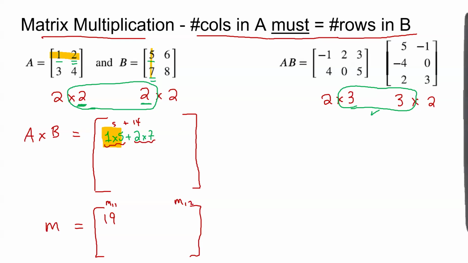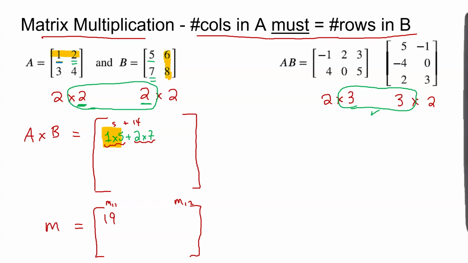And so for that one, I need to take the first row times the second column, like that. And I'm going to do the same thing. I'm going to take one, and I'll go with blue here.